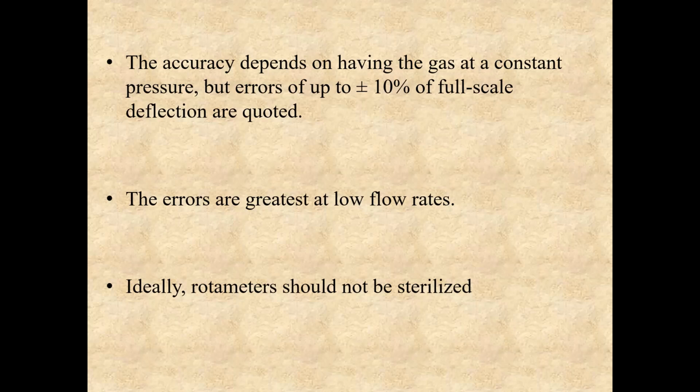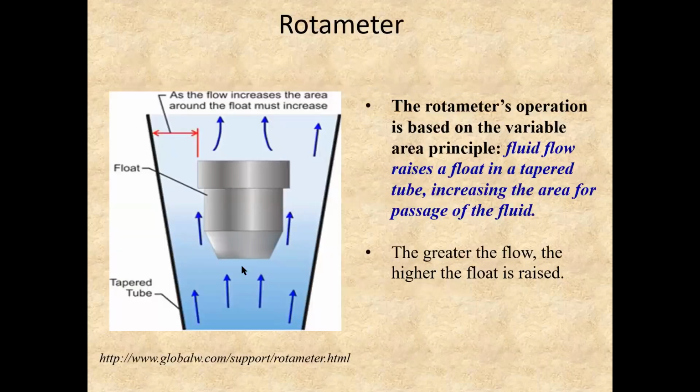If you are not satisfied with the glass tube, metal tubes can be used in situations where glass is not satisfactory, and the float position is determined there by magnetic or electrical techniques, but this provision has not been normally utilized for fermentation work.